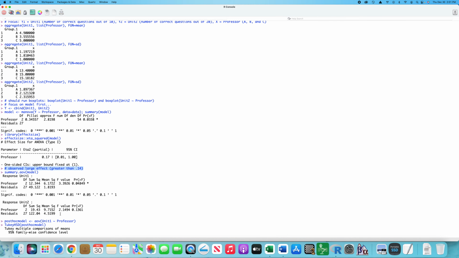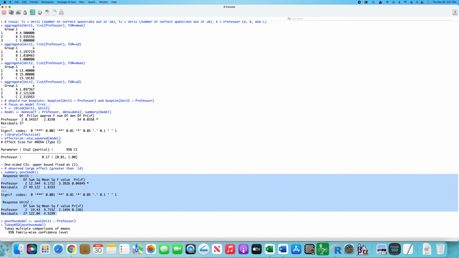Now, the next thing we may want to get into is the post hoc. And what I did here is I ran the individual ANOVAs. And so for Unit 1, we have statistical significance at the 0.05 level. For Unit 2, there's no difference across professors.